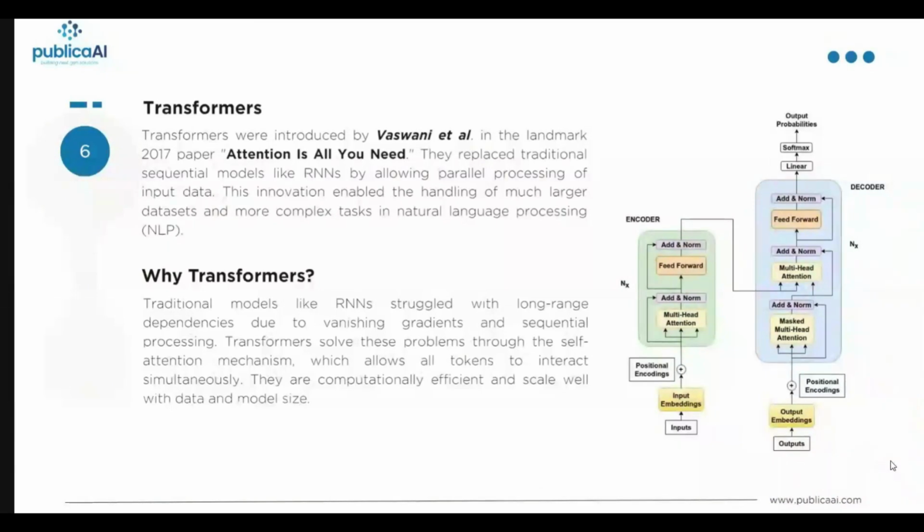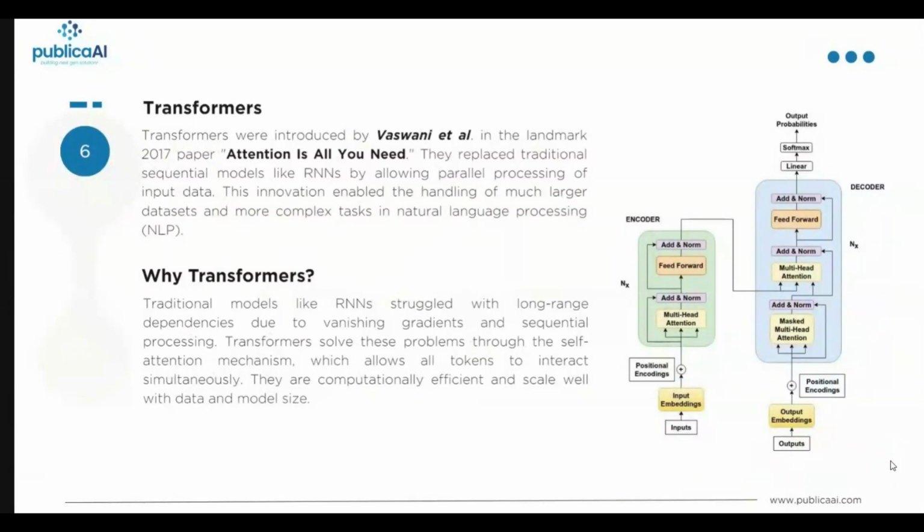So traditional models like RNN, what is RNN? Recurrent neural network. I believe the concept of recurrent neural network was clear, how it works, with its problems with long range dependency due to vanishing gradients and sequential processing. Transformers solve this problem through what? The self-attention mechanism, which allows all tokens to interact simultaneously.